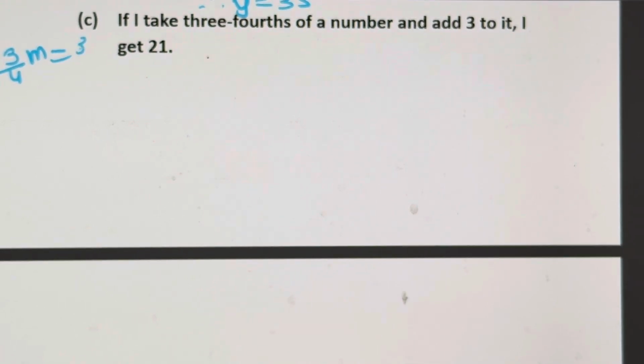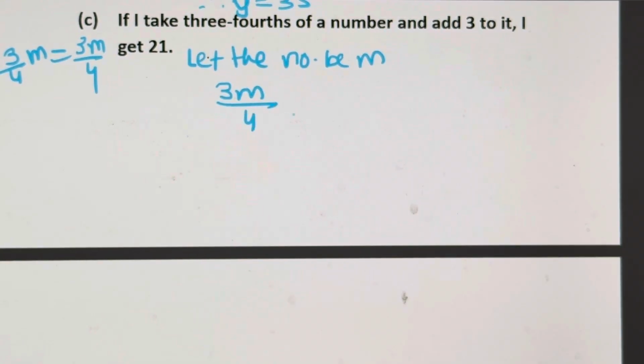Of means multiplication. So what will be the equation? Let the number be m. 3/4 of a number means 3m upon 4, and add 3 to it. Add 3 means plus 3. I get 21. So this is the equation formed.